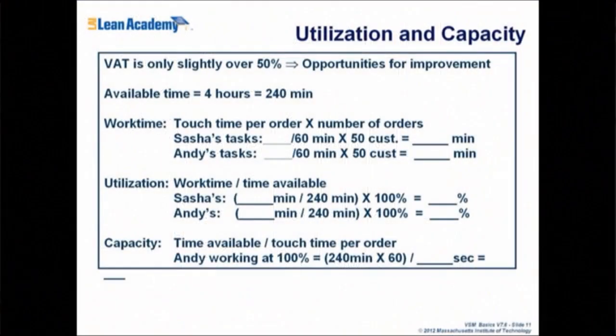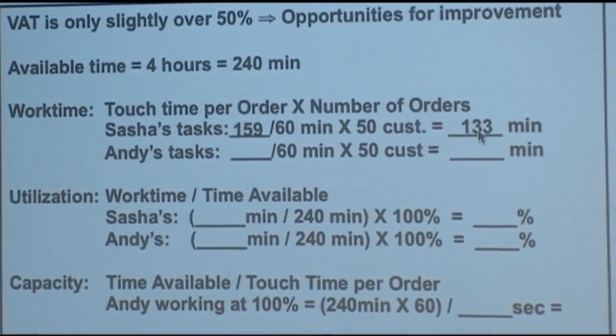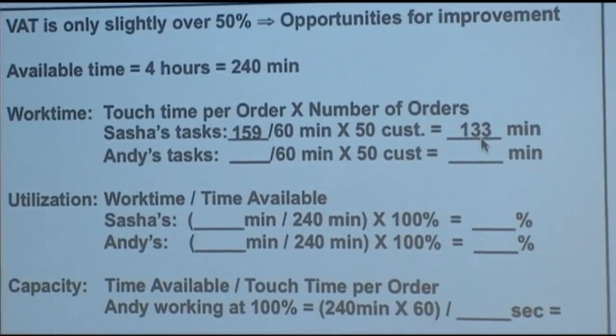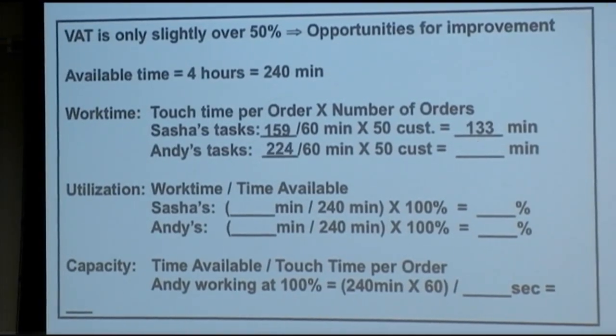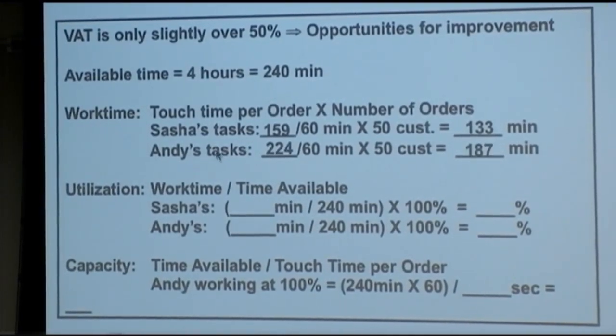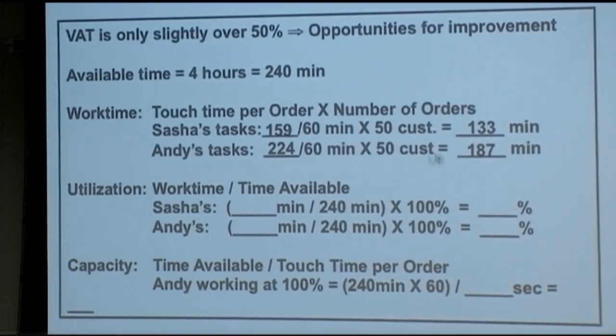Okay, so we're actually going to do some numbers on that thought. If we look at Sasha's tasks, we all got the 159, 50 orders. So she is working 133 minutes out of the 240 minutes available. And Andy was 224 seconds per order, so working effectively 187 minutes out of the 240 minutes available.